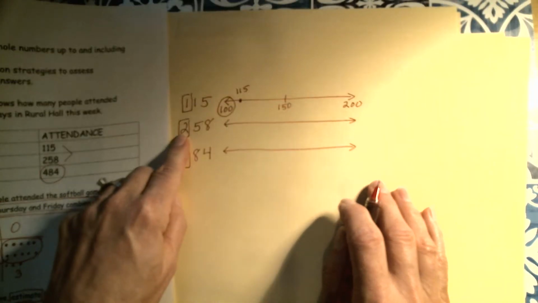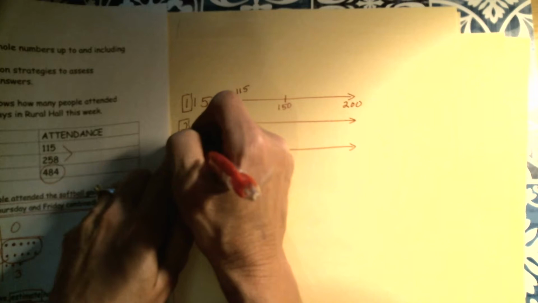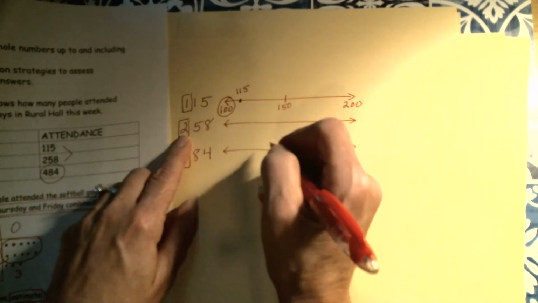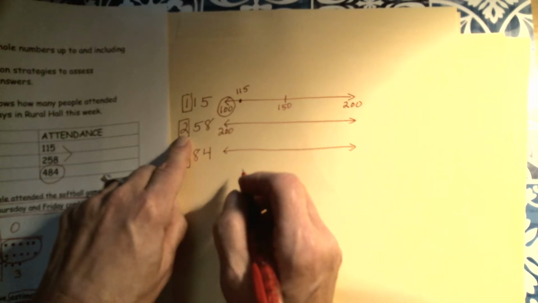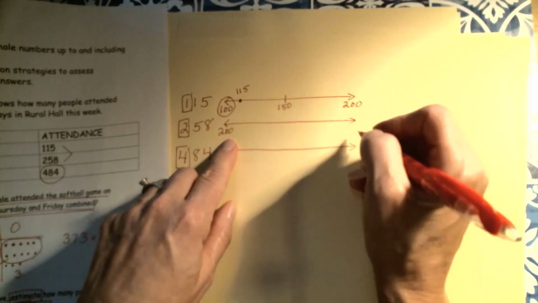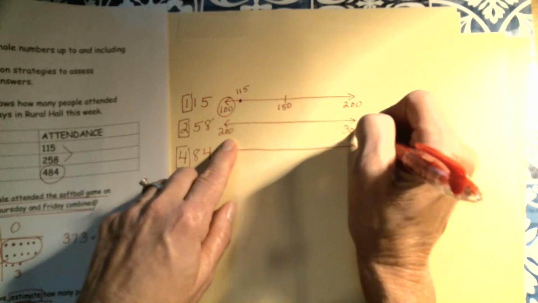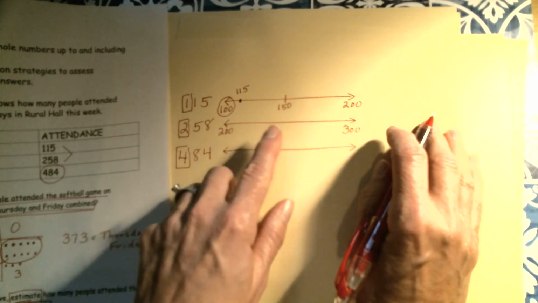So I'm going to do the same for 258. I look at the hundreds. When I round down, that means I'm rounding to 200. I just look at where the 2 is in the hundreds, so that's 200. Rounding up just means I go up 100, so that's 300.